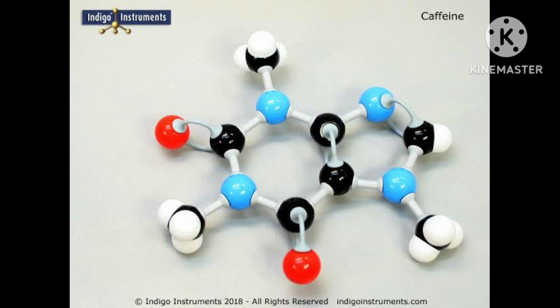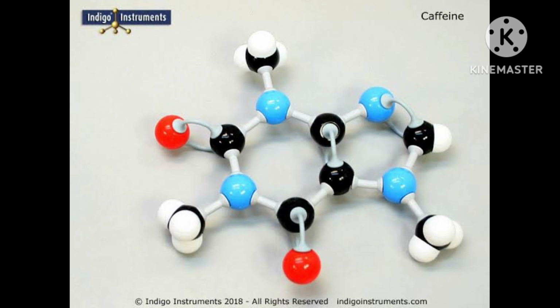Wedges are shown in such a way that the narrow end is towards the carbon, and the broad end of the wedge is towards the observer.